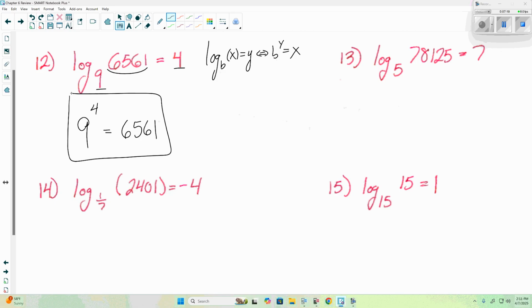Let's look at 13. Log base 5 of 78,125 equals 7. So what would this be? 5 to the 7th equals 78,125. That's it.